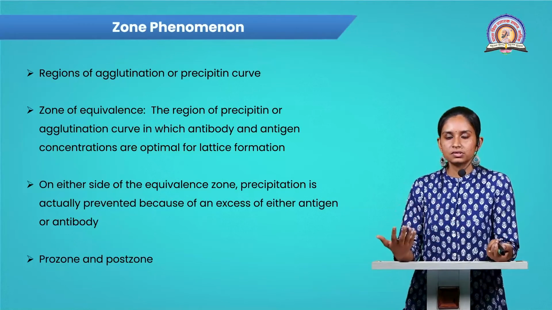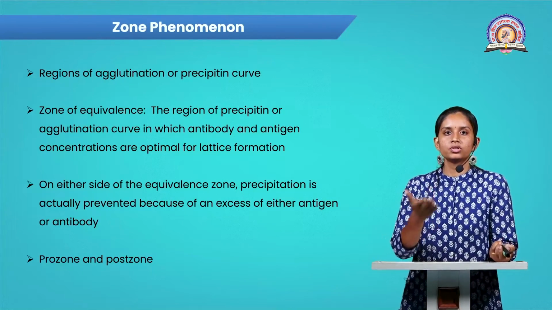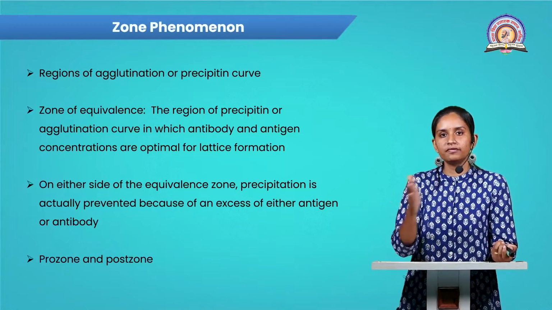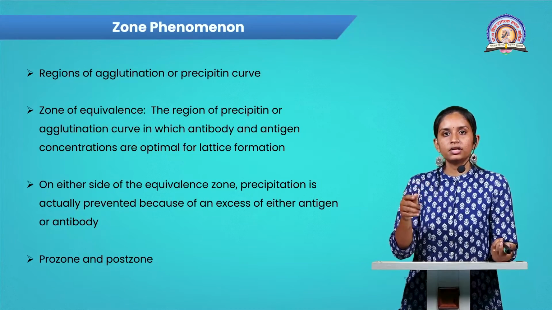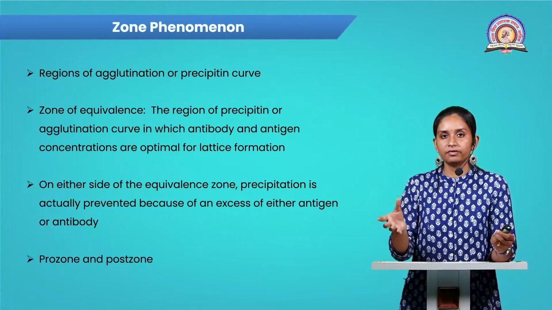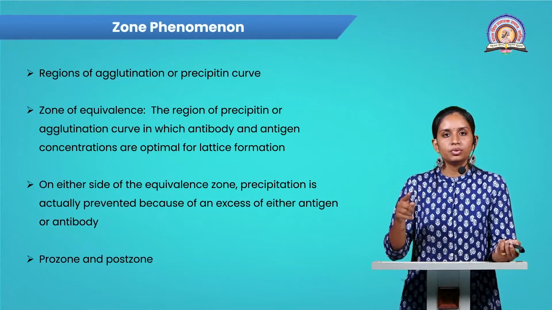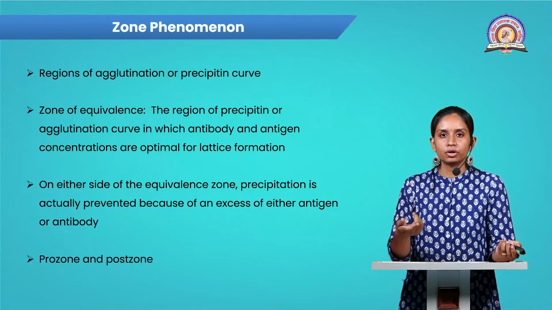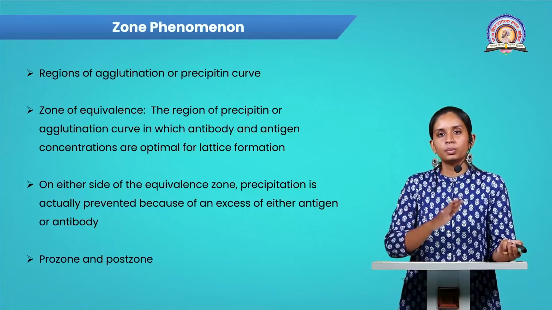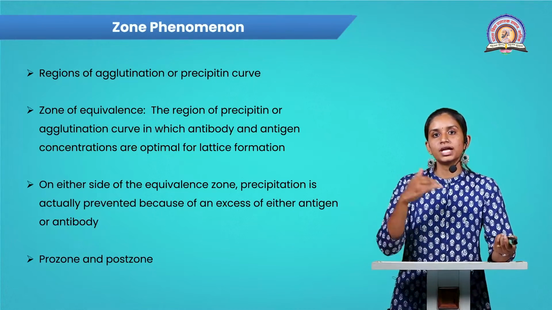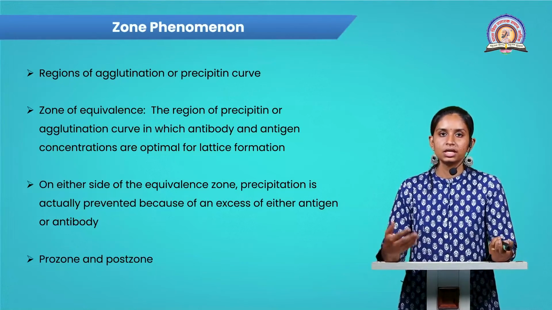At a particular point the concentrations of antigen and antibody will be equal, and this is the point where there will be proper cross linking between the two molecules, resulting in immune complex or aggregate formation. Before that point and after that point, no precipitate will occur because either antigen is present in excess or antibody is present in excess.